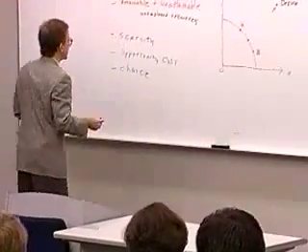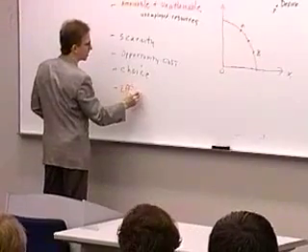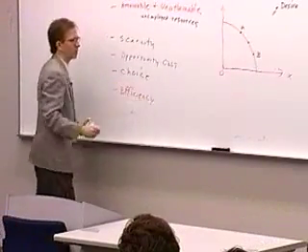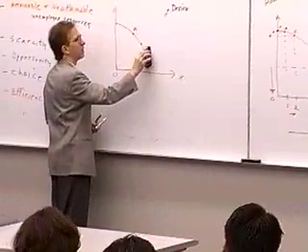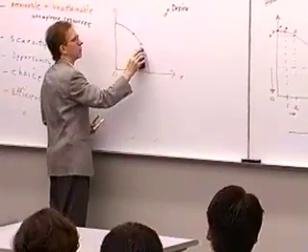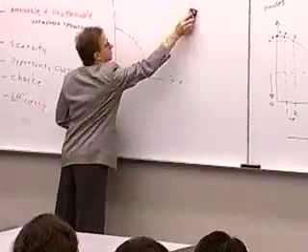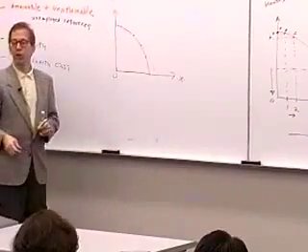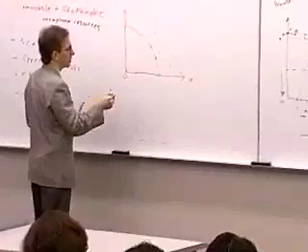And finally, the idea of efficiency is illustrated. What do we mean by efficiency? Well, what I mean by efficiency in this particular instance is getting as much output, as much production as possible from the resources available.